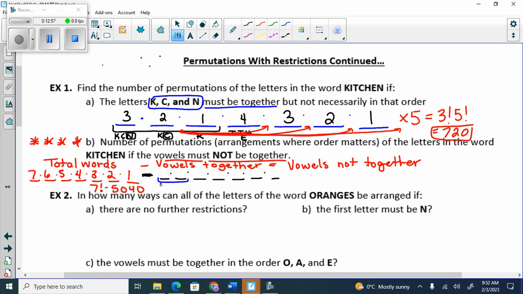So for the first one, I would have I, E as an option, so 2. And then my second one, I could have E as an option, which is 1, because I have to hold them, correct? How many letters do I have left for the rest of the blanks? 5. So I have 5 for here, then I hold 1, 4, 3, 2, 1, and then that's all the vowels together? That's the vowels together at the front.